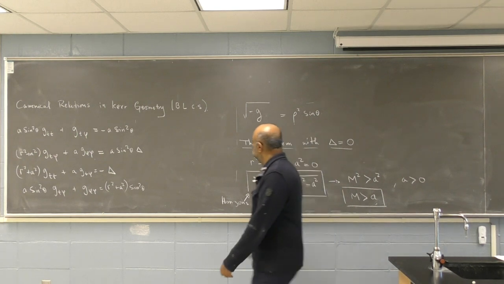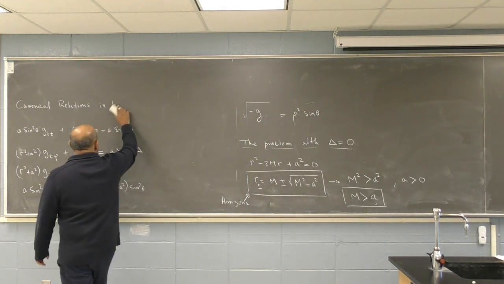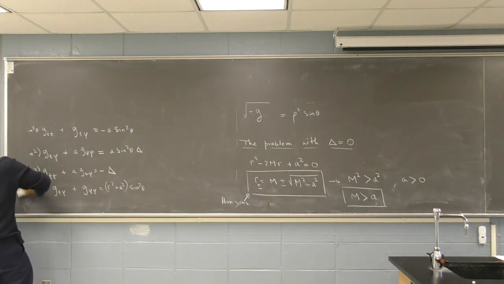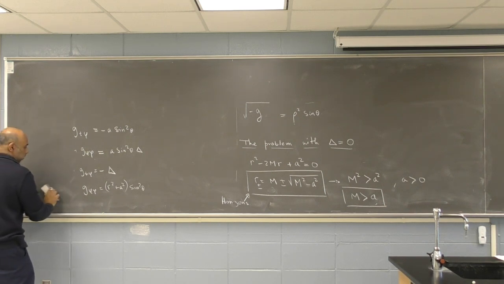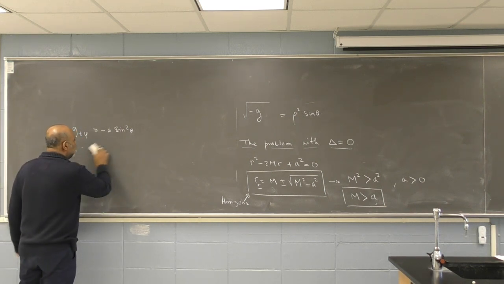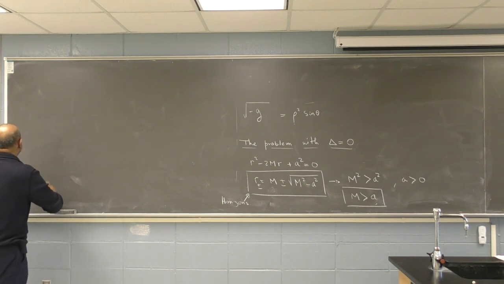There is one other critical point or surface that is very interesting to Kerr geometry, and that is the infinite redshift surface.